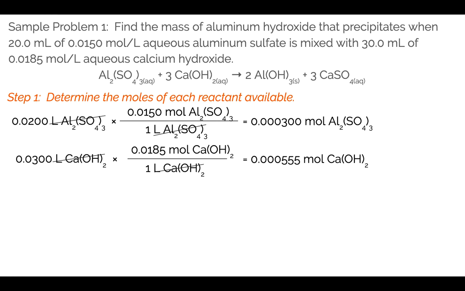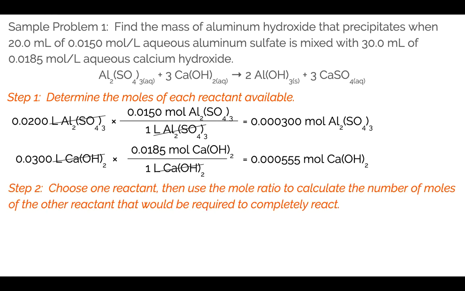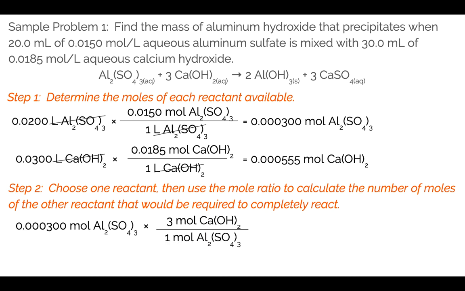Then we're going to choose one of those, and we're going to use the mole ratio to figure out how many moles of the other one would be required to completely react. So if we choose aluminum sulfate, we're going to use the mole ratio, which is 3 moles of calcium hydroxide for every 1 mole of aluminum sulfate. And when we do that calculation, we get 0.000900 moles.